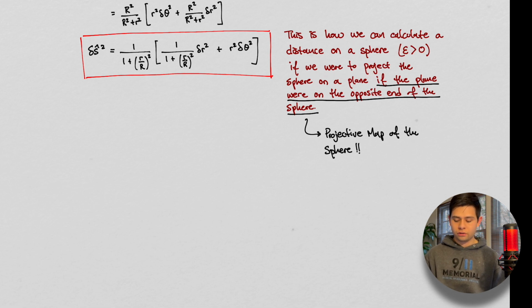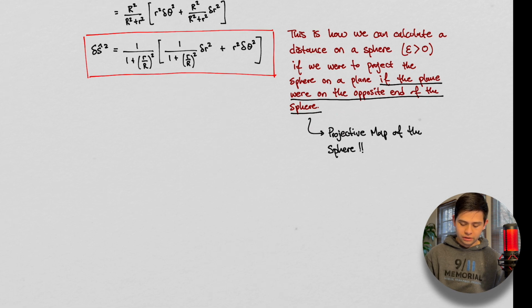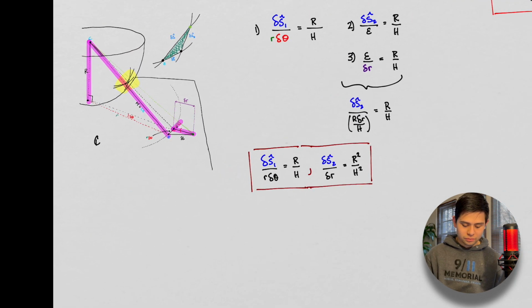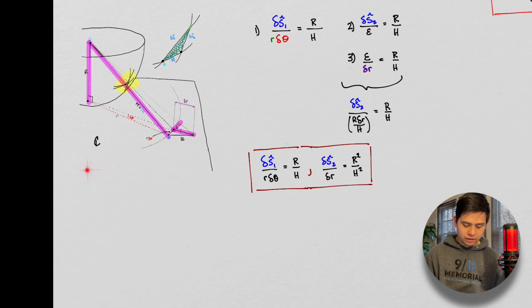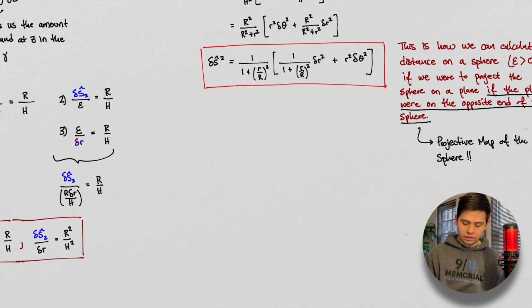A hypersphere or a pseudosphere is something that has it less than 0. If we want to project the sphere onto a plane, if the plane were on the opposite end of the sphere, right? So what I mean here is that this plane lies tangent to the South Pole. Okay, that's what I meant there.